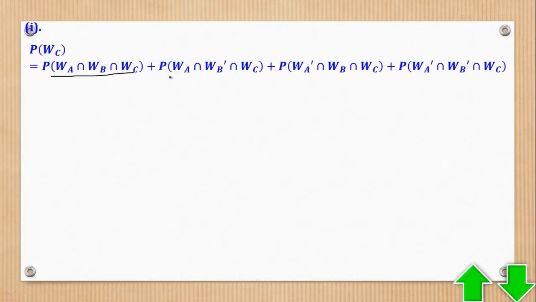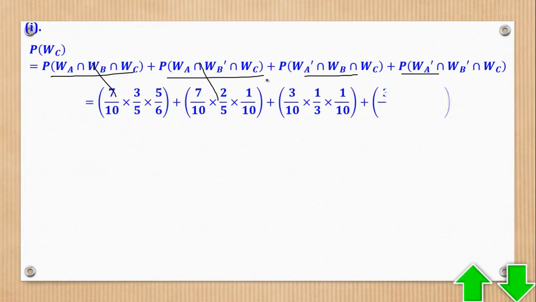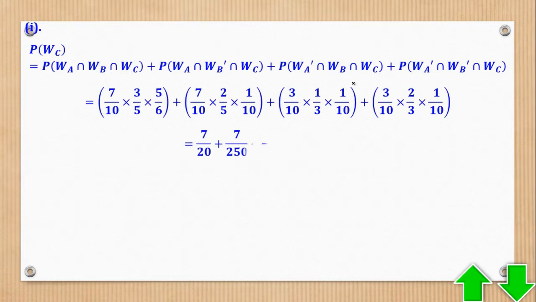So there are 1, 2, 3, and 4. Therefore, we shall substitute. For this is that, for this is this, for this is this, and for this is that. Then use a calculator to come up with this as the probability of C working. Therefore, the machine working is 51 over 125.